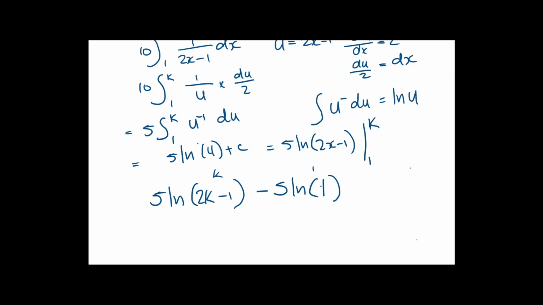It's going to be interesting because we know that the natural log of 1 is 0. So this is going to be 5 natural log of 2k minus 1, minus 0.